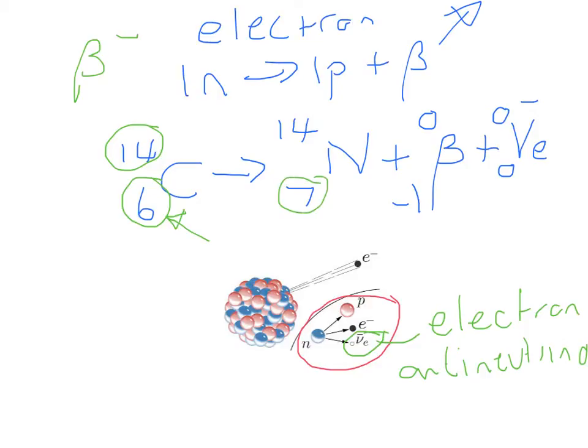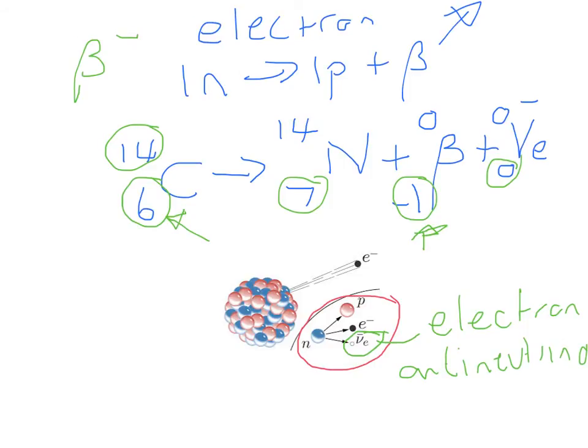After it must balance, so 7 minus 1 plus 0 is still 6. So that's why we write the proton or atomic number of the beta minus as -1, so that we can balance the atomic numbers before and after the arrow. And it also gives us a useful reminder of the charge of the beta minus particle. If it's an electron, it has to have a charge of -1.